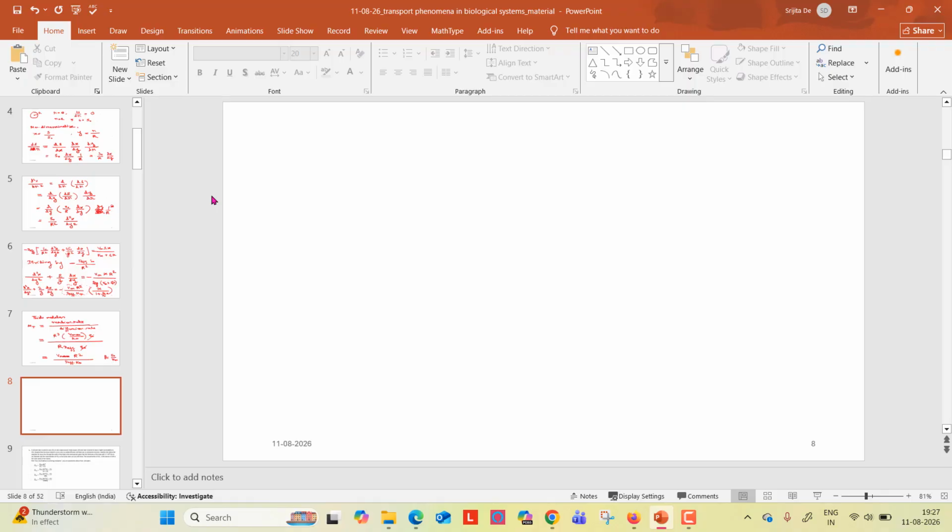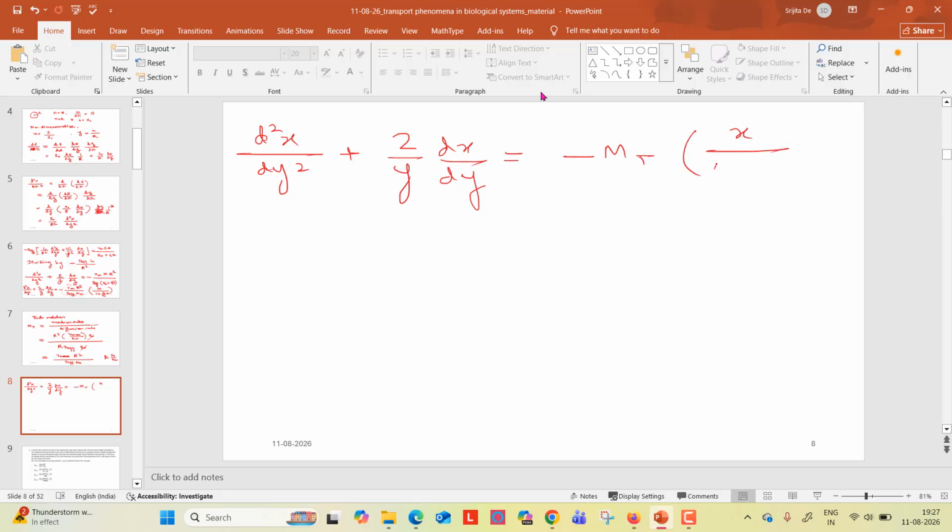We will come to how we will solve it. So it will be d²x/dy² plus 2 by y dx/dy equals to minus phi squared (Thiele modulus) times x by 1 plus beta x. We just replace the terms.